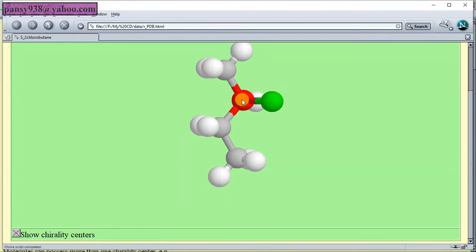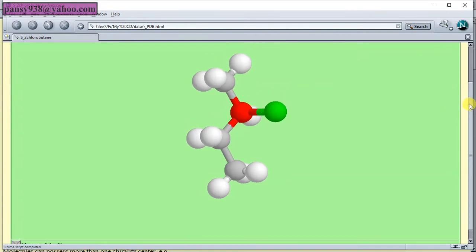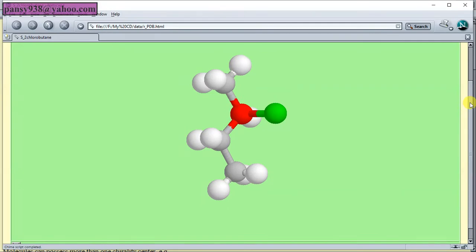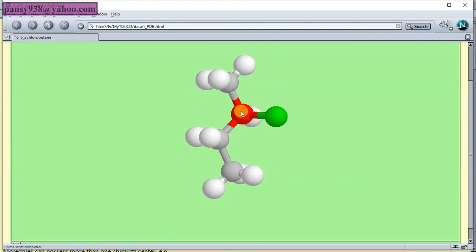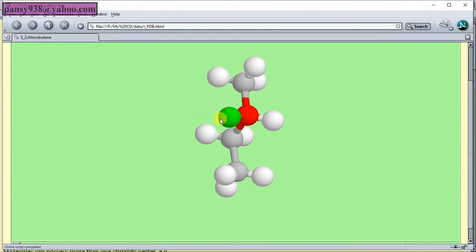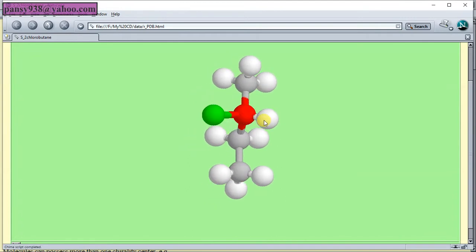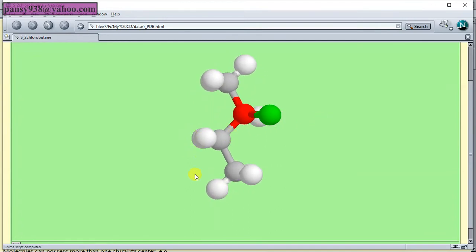So this red color carbon atom is a chiral center of this molecule, and you can clearly view that at one end it has a methyl group, a chlorine at the second end, a hydrogen at the third end, and an ethyl group at the fourth end.